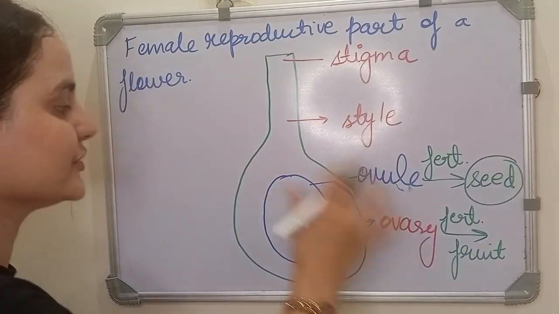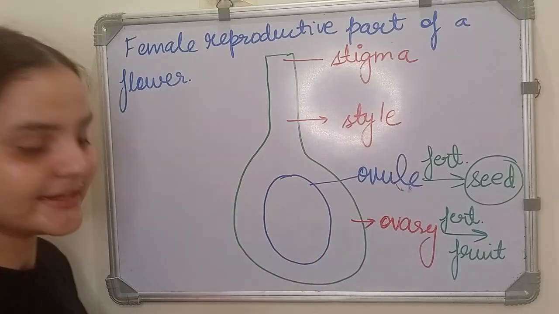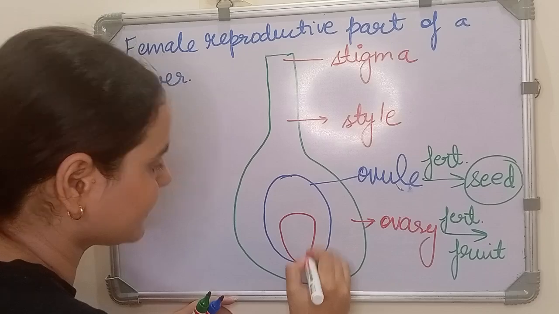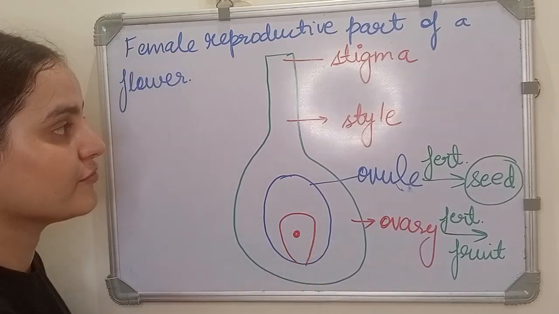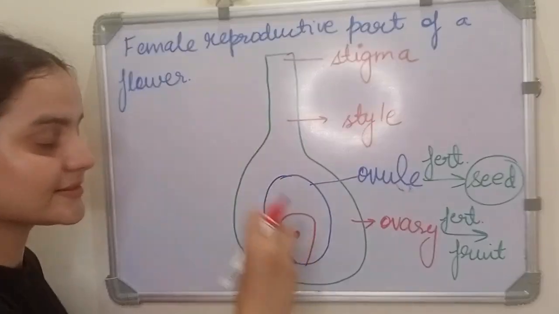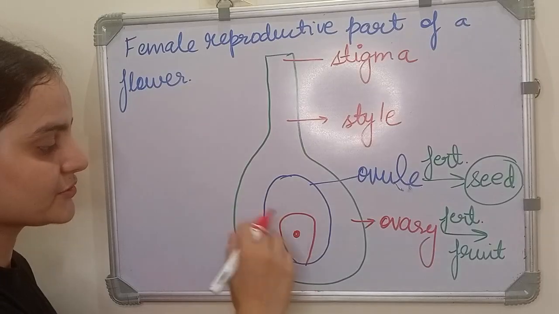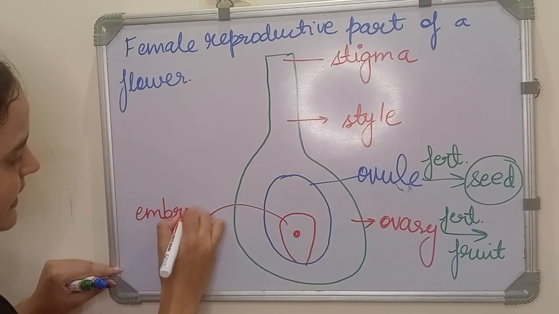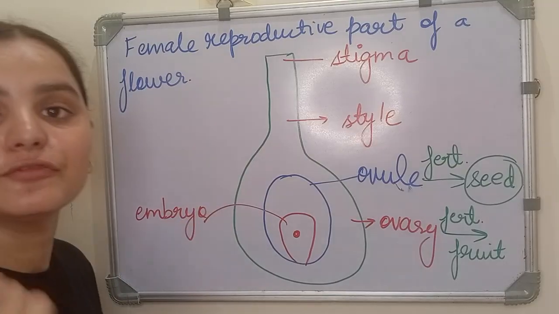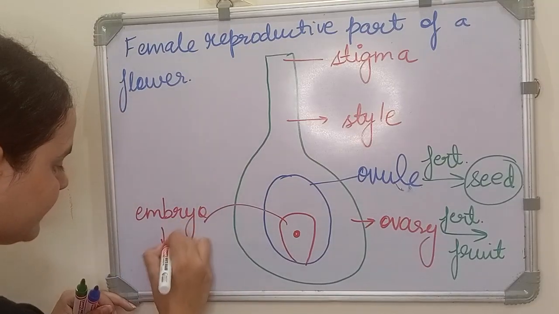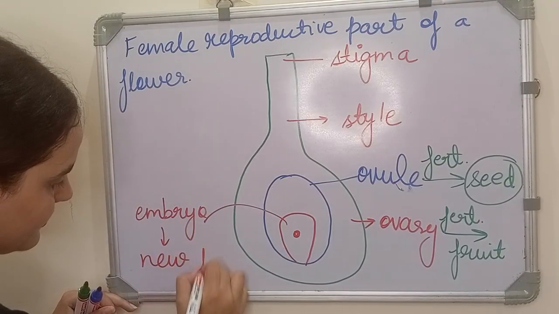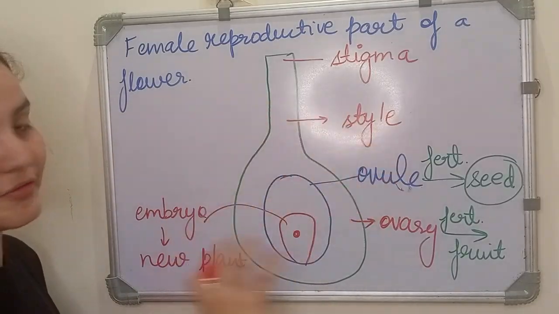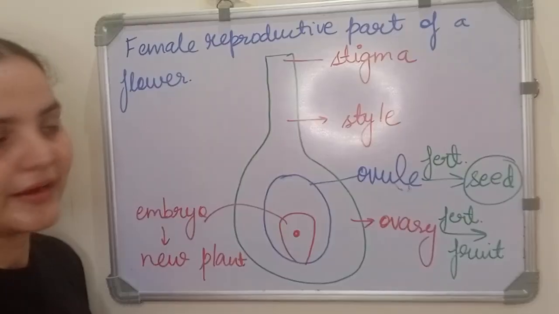The ovule inside it contains the embryo, which is formed when the pollen grain fuses with the egg. So the embryo is formed inside the ovule, and this embryo will form a new plant later on. Now I have revised the female reproductive parts of a flower.